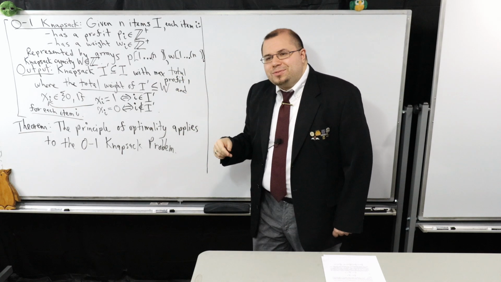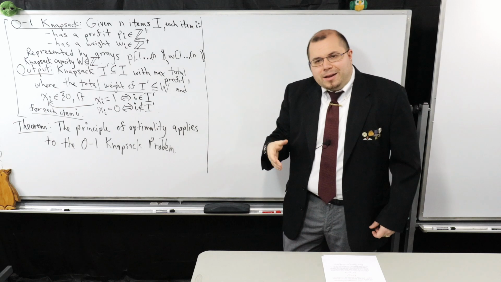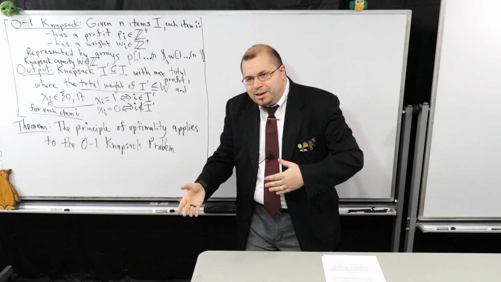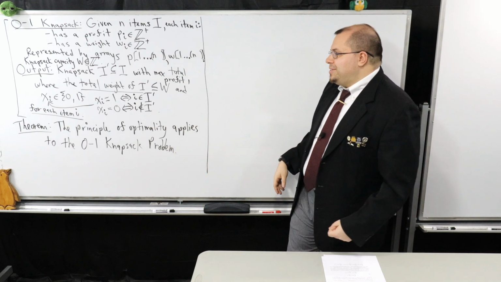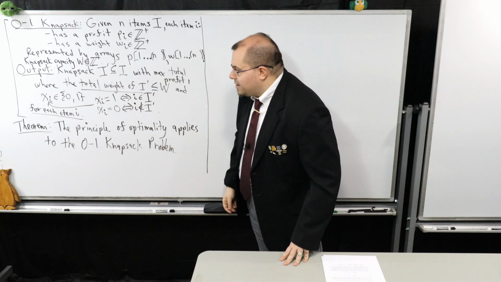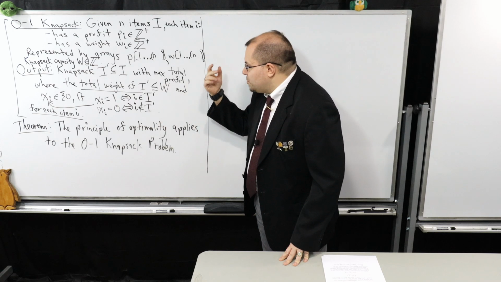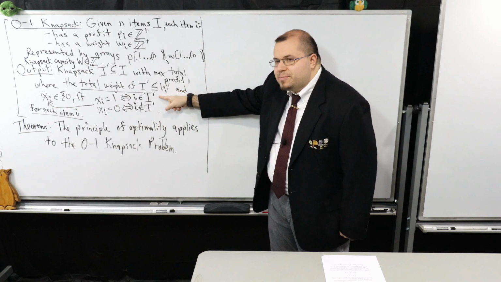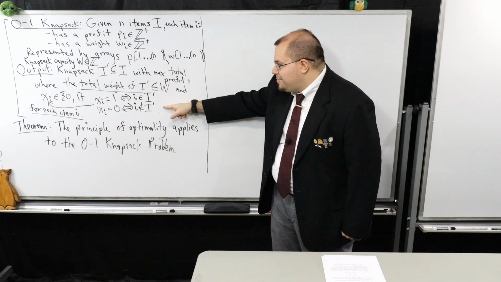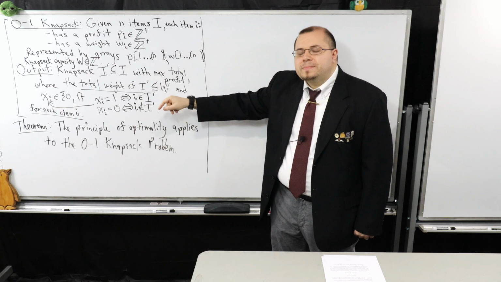The items also have to either go entirely in or be left out. That's what I mean here by xi being either 0 or 1. When xi equals 1, the item is in my knapsack. When it's 0, the item isn't in the knapsack.